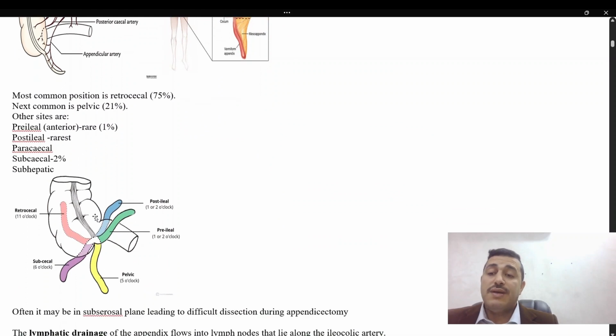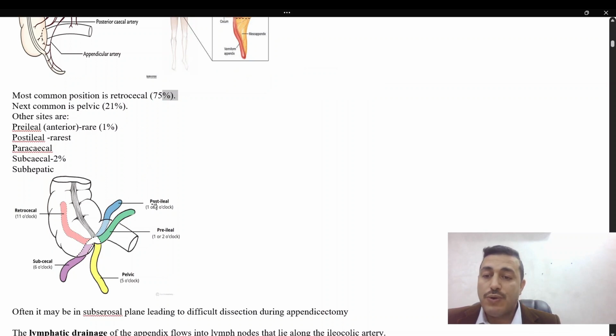Here is the location of the tip. You can see the diversity of the location of the tip of the appendix, but the base is fixed, as we said, where the tinea meet. The most common site for the appendix, about 25%, is retrocecal. Here you can see they are classified by o'clock.